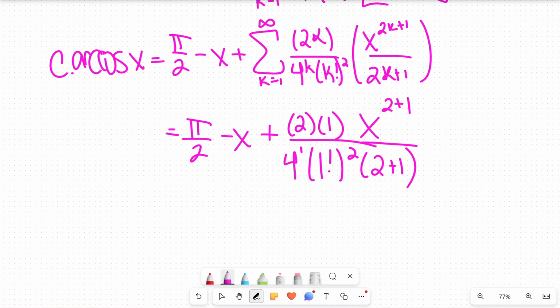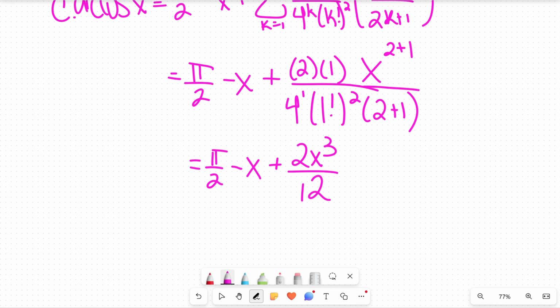So this is going to simplify down to pi over 2 minus x plus 2x cubed over 12, which then will simplify down to pi over 2 minus x plus 1/6 x cubed. So the first 3 terms of this polynomial expansion are given. If I wanted more terms, I would continue to use the rest of that summation.